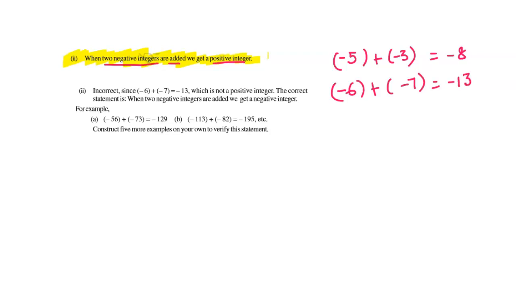It seems that it is incorrect because whenever we are adding 2 negative integers, the answer is always coming out to be negative. So it should be that when 2 negative integers are added, we get a negative integer. So you should make 5 more examples and write it in the comment section below.